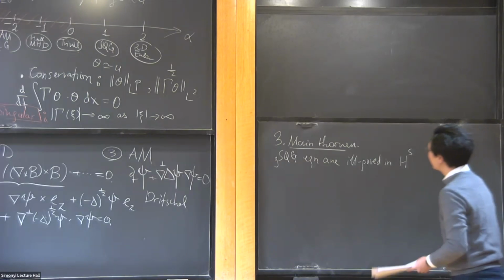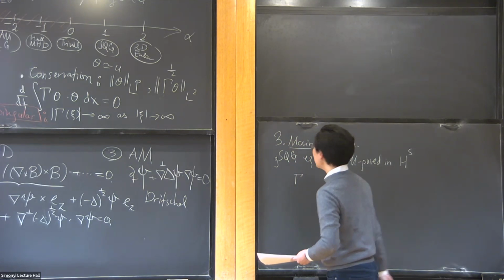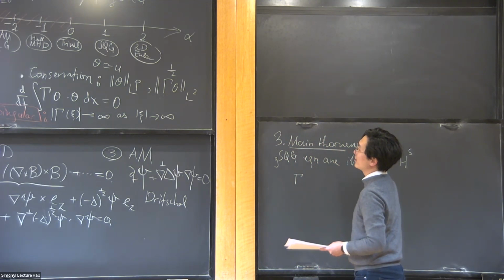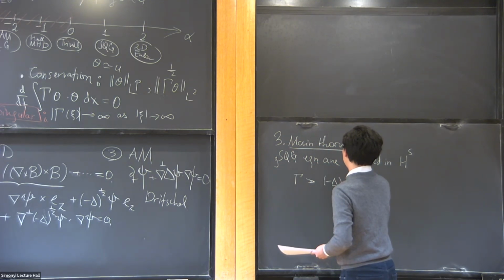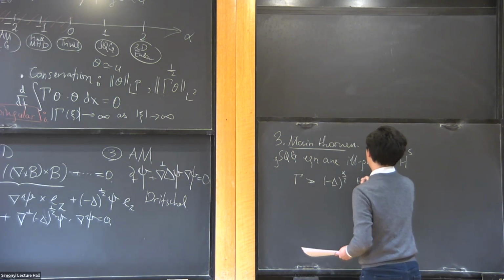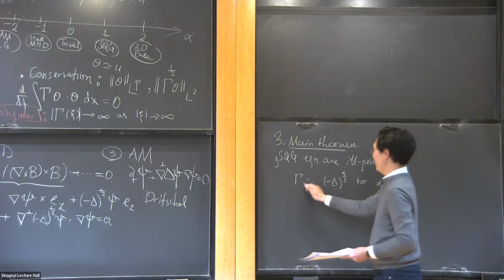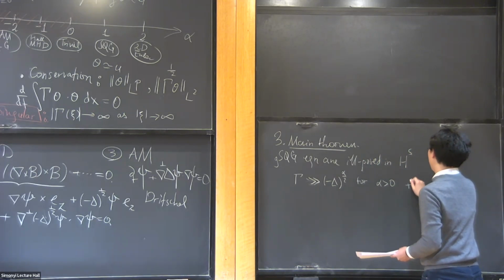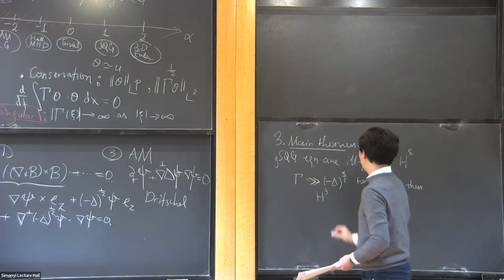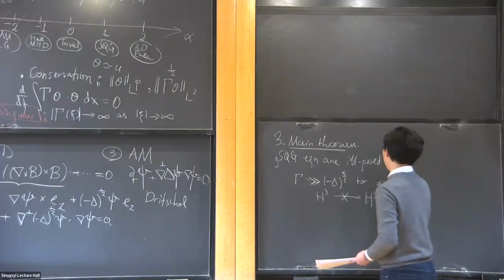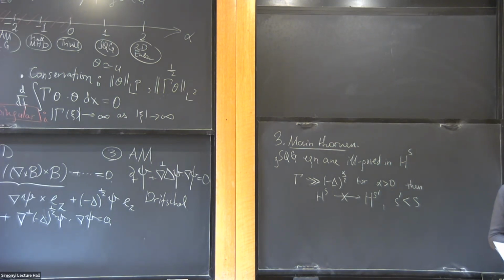To be more precise, we can even show that when gamma has some order which is strictly negative or strictly positive, say gamma is stronger than order 1/2 for some positive alpha, meaning gamma is of positive order, then we can even show that it is ill-posed from H^s to H^s', with s' strictly less than s, for all s and s' sufficiently large.